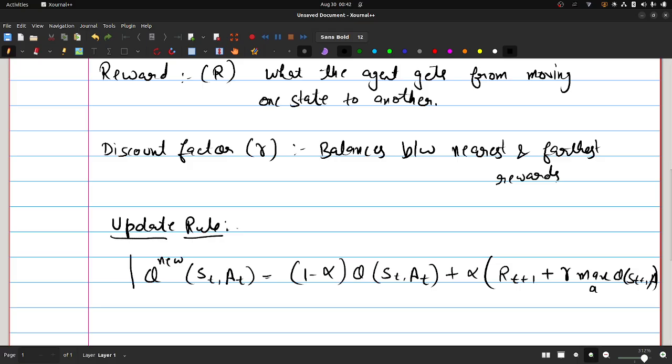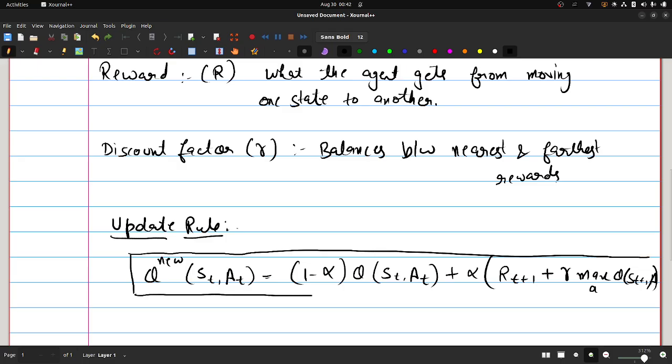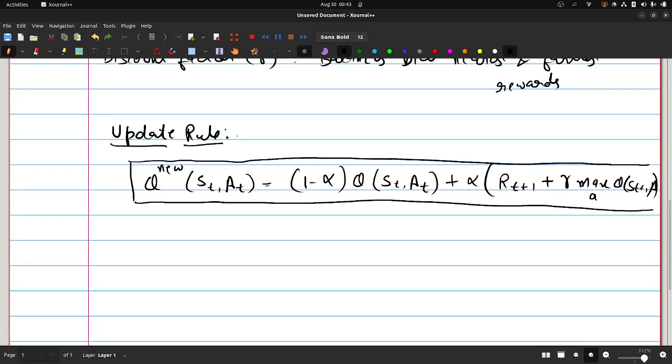Okay, so this is the update formula for the Q-learning algorithm. Let me explain it again. The Q value of the new state is the quality of the action A given a state S at time t.